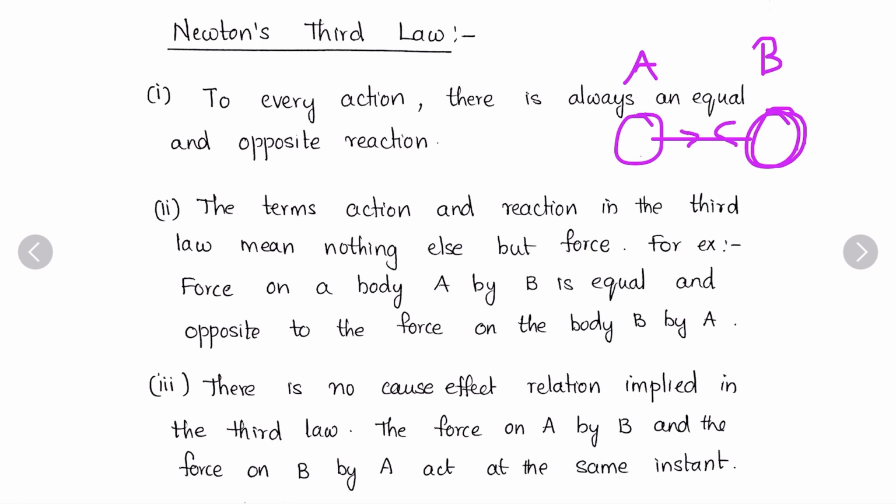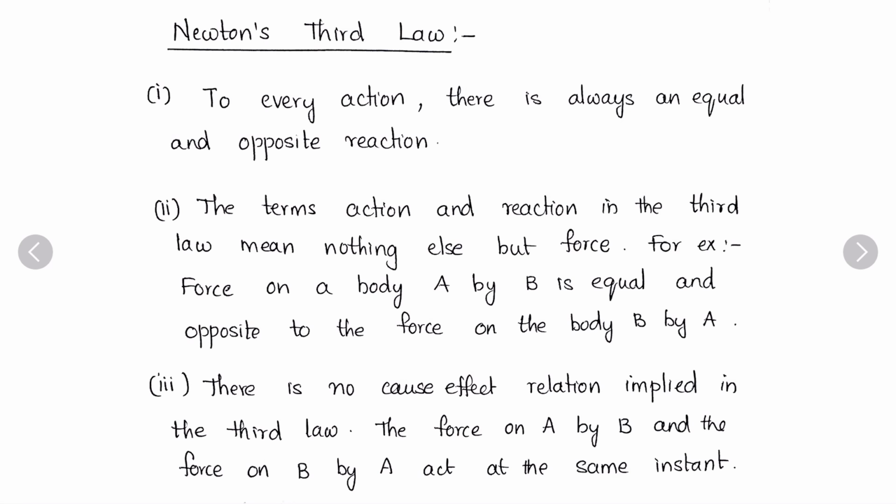The force exerted by A on B is equal to the force exerted on A by B. So this is the third law, which is very important to be noted.